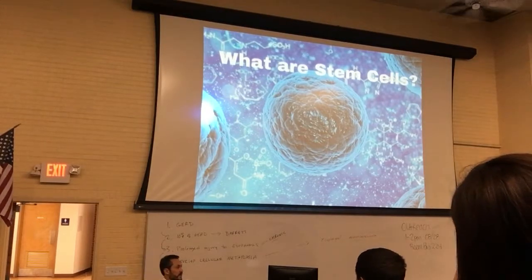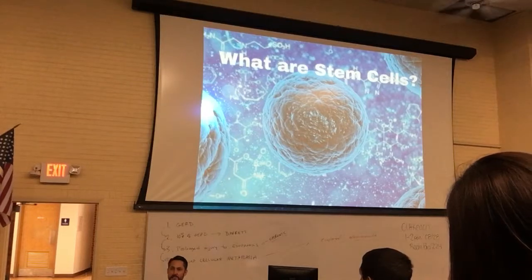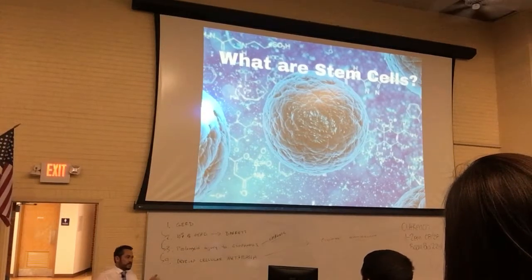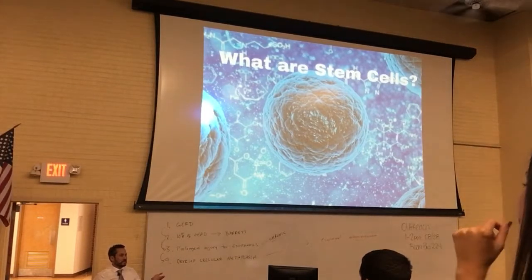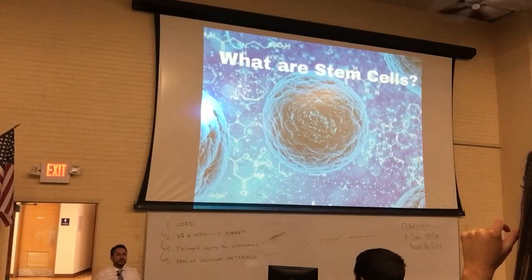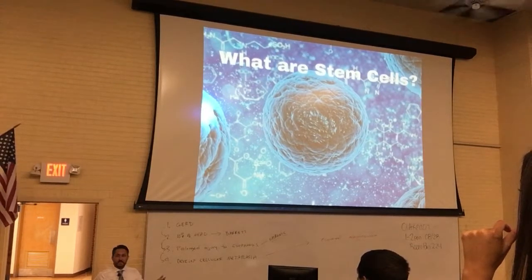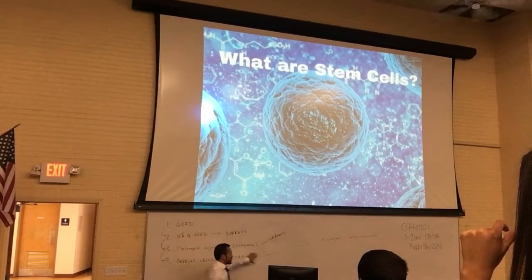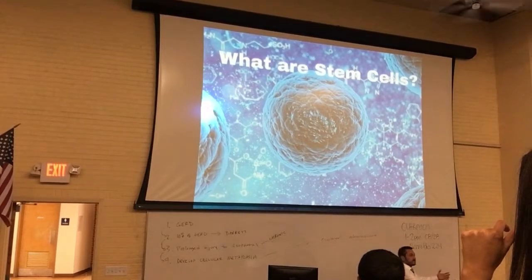That stratum basali layer is the one that would turn over, right, and give rise to more superficial layers of the skin. If you have a basal cell carcinoma, what layer of the cell is that cancer? It's the stratum basali layer, right? And a basal cell carcinoma is a very aggressive type of cancer. It's very dangerous because you've actually caused mutation at the layer of the stem progenitor cell that gives rise to the rest of the skin.